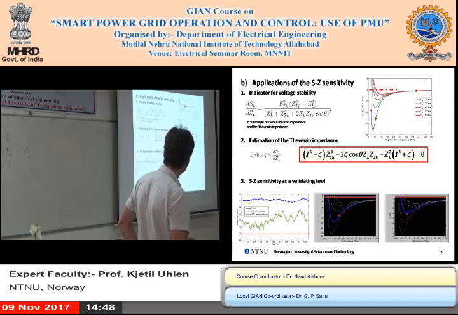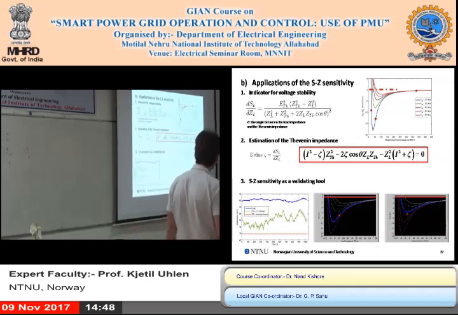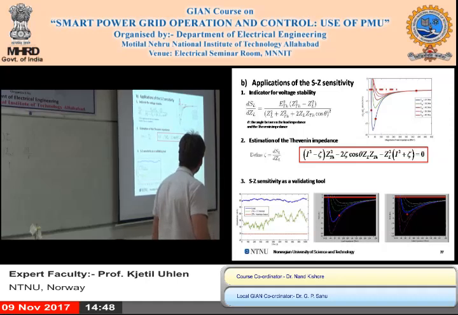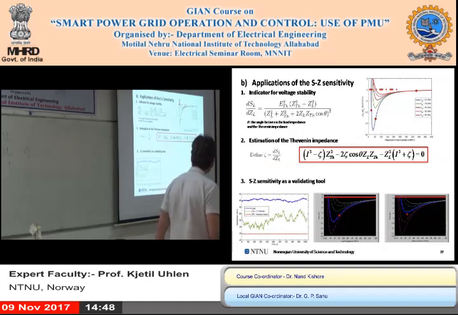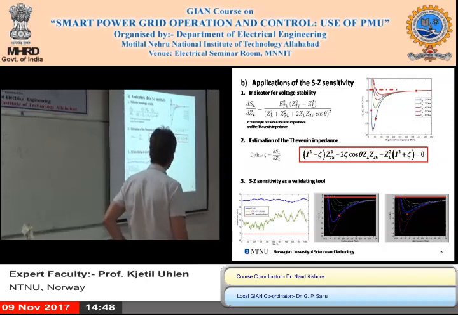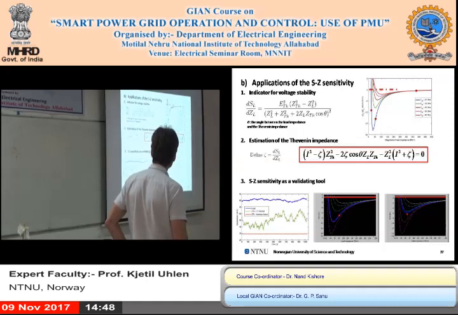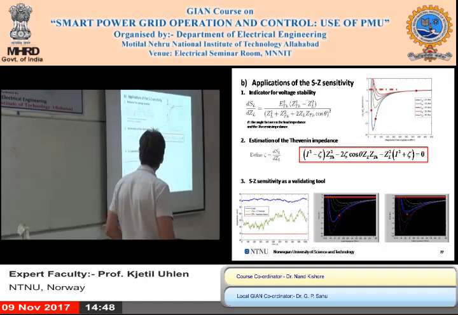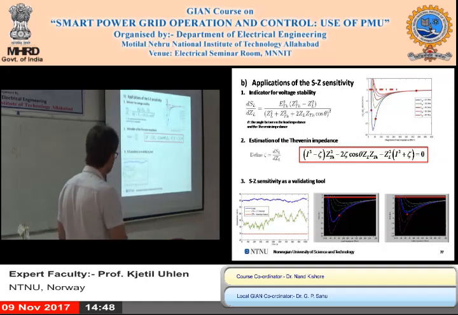So we have different results, simulation showing the difference between different methods: load impedance here, Thevenin impedance from the CT method, Thevenin impedance from a pure power flow computation, taking into account the impedance of the lines, then it's constant, because you only look at the impedance of the lines.